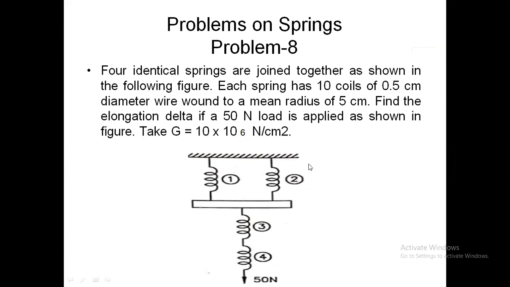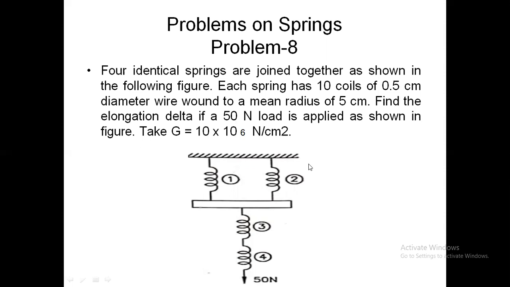This is also one which is connected with series and parallel, so both combined together here. There are 4 identical springs which are joined together, as shown in your picture. Each spring has 10 coils of 0.5 centimeter diameter wire, with a mean radius of 5 centimeter.